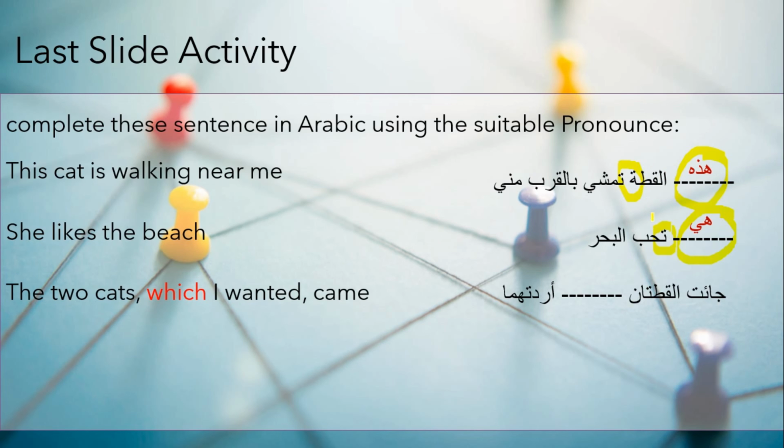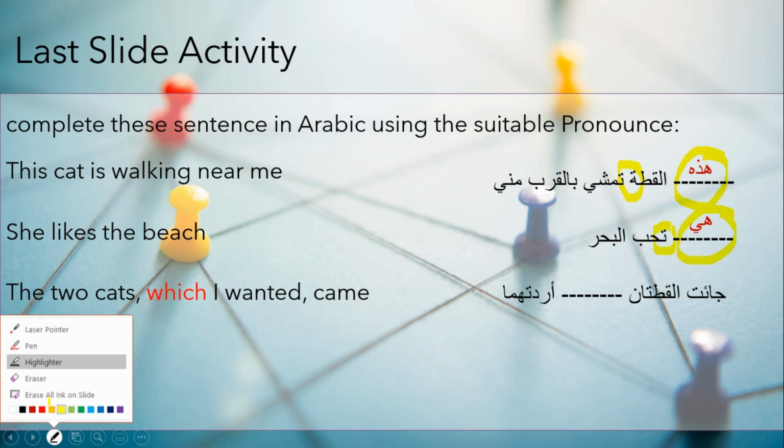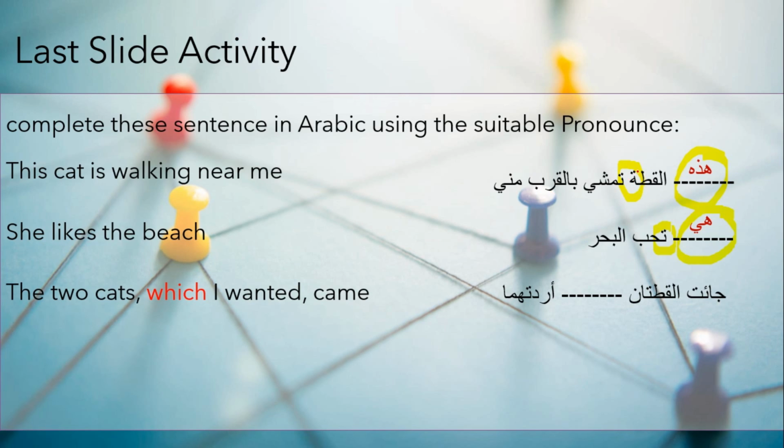And in the first sentence, I knew that it's a female because القطة has the ta attached. If this ta is not there, and it's القط without the ta, I would understand that this is a masculine, a male cat. So it will be هذا القط. Of course, تمشي will not stay the same because this is the verb. It will be يمشي.